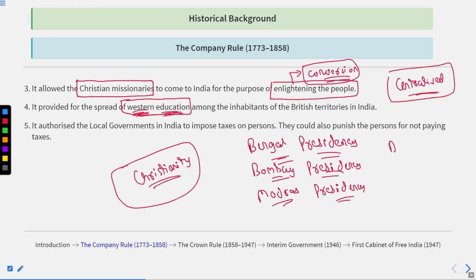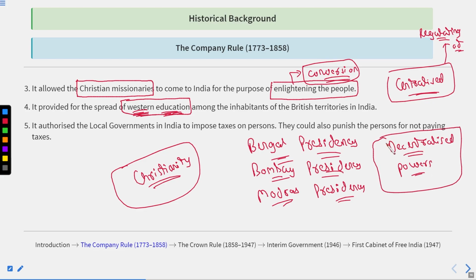But in the Charter Act of 1830, basically they decentralized the powers. Okay, it means that a relaxation had been granted to the people. So that is the thing.